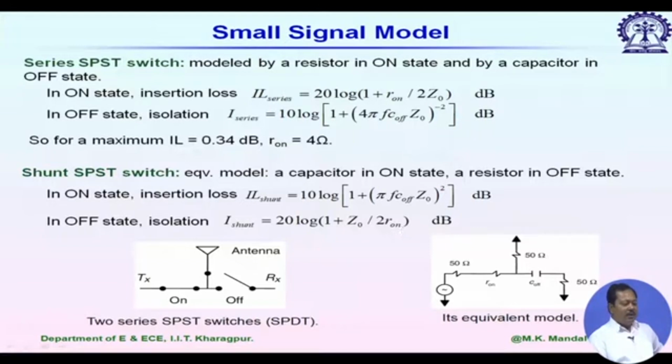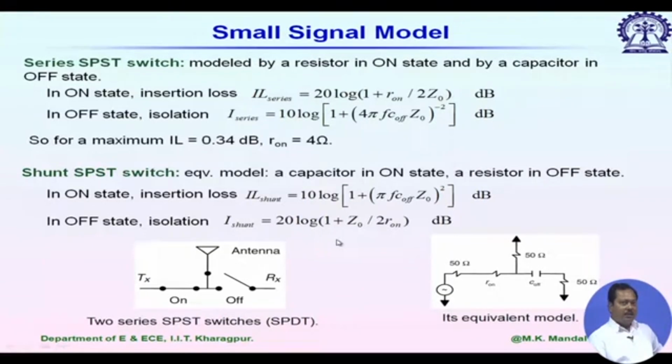So, we see here now insertion loss becomes a function of frequency, whereas the isolation is a function of R on. So, for very high frequency operation we have to be careful; depending on the values of R on and C off, we can choose a proper implementation scheme.